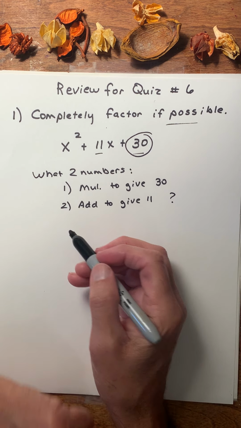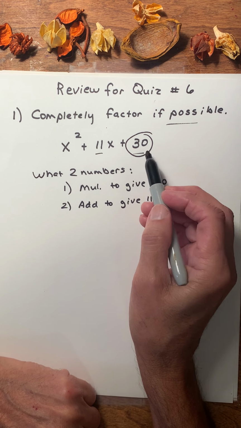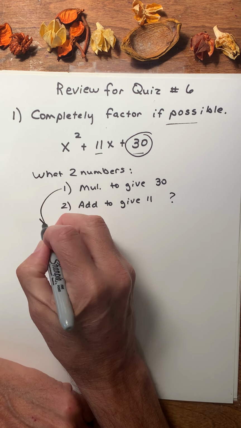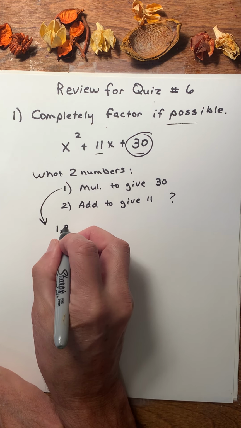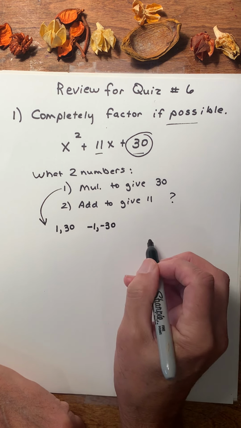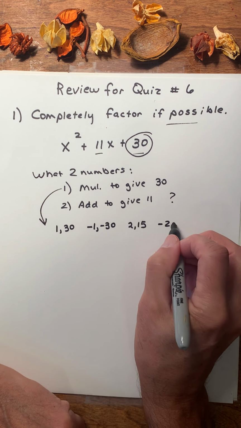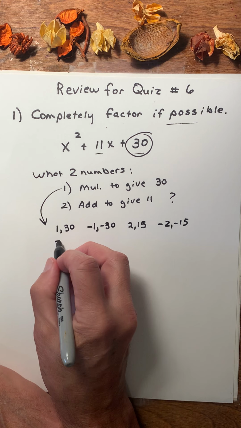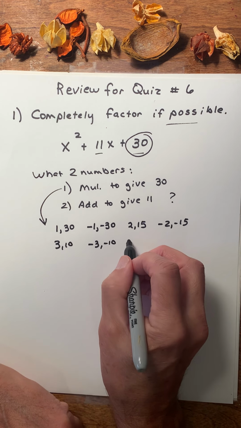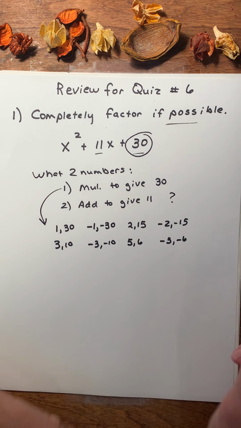And so if you have problems figuring out what the 2 numbers are, write the options. What multiplies to give 30? Well, let's see. 1 and 30, -1 and -30, 2 and 15, -2 and -15, 3 and 10, -3 and -10, 5 and 6, -5 and -6.